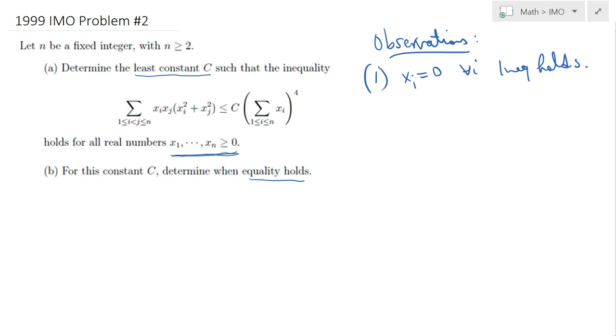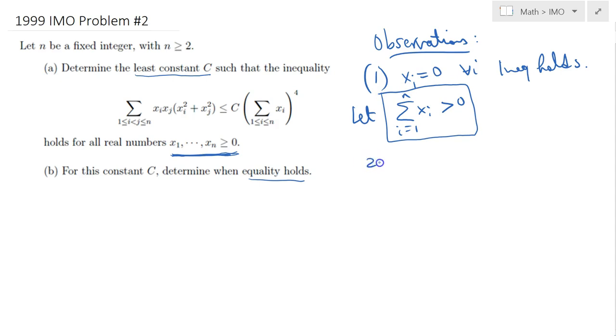As a result, I can focus my attention only on all non-negative real numbers xi such that the sum of the xi's is greater than 0. So for the rest of the discussion, let's assume that that's the case.